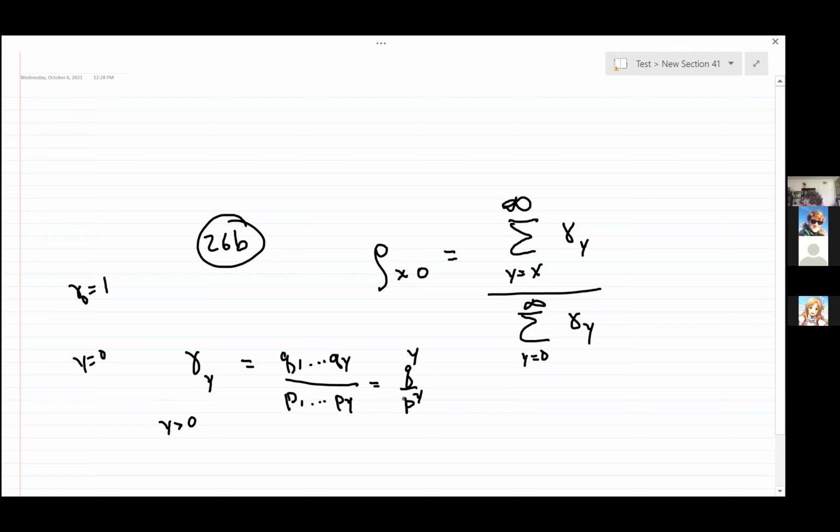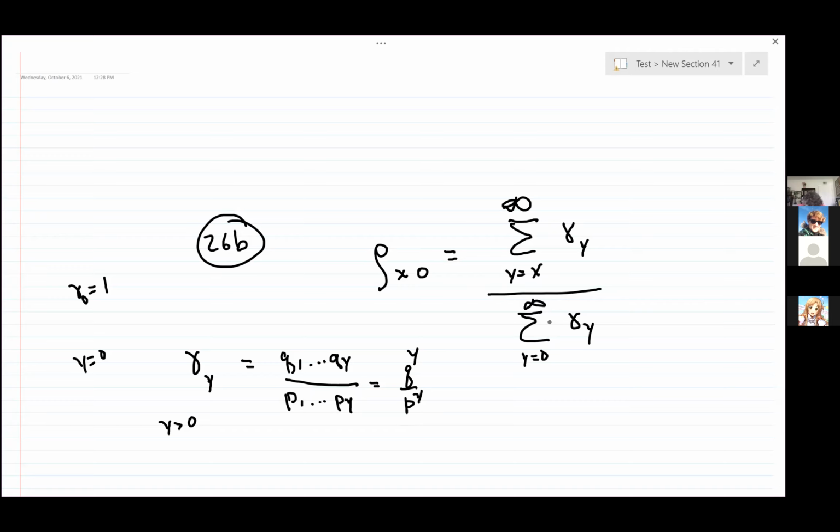Okay. So in the case that Q is bigger than P, what is all this going to turn into? Oh, let's see.